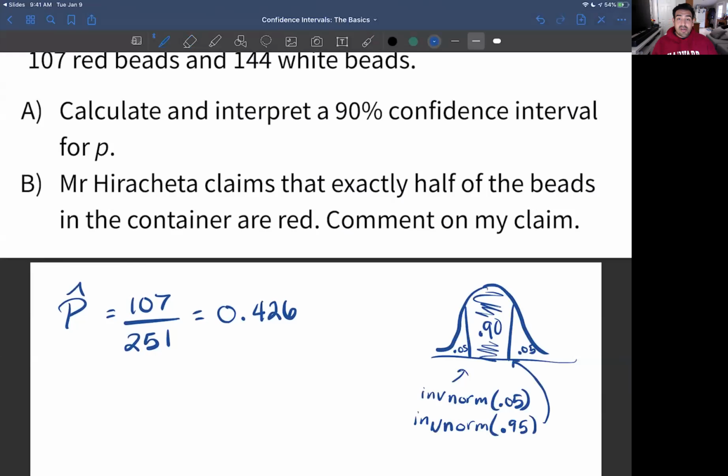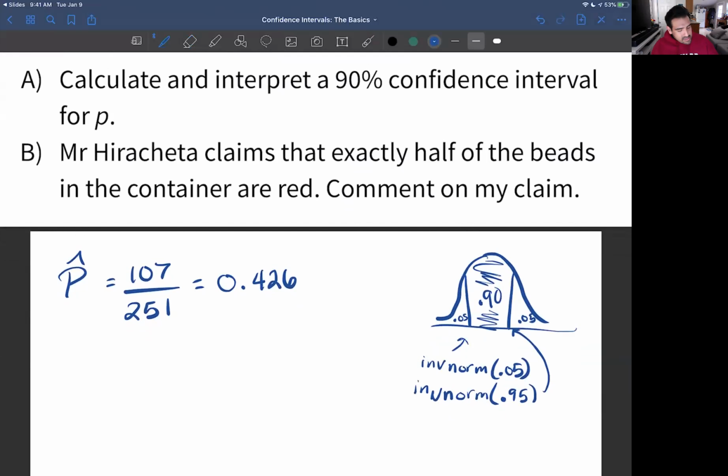Either way, these are going to give me the same value. One will be positive, one will be negative. Doing that in my calculator, I'm going to find out my critical value is 1.645.